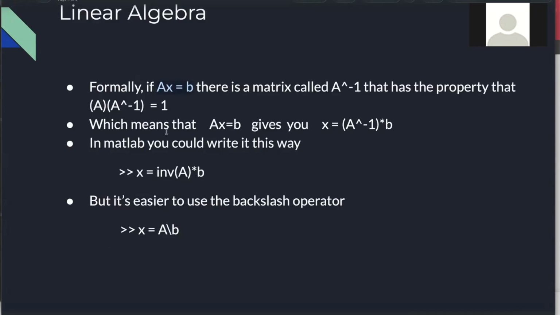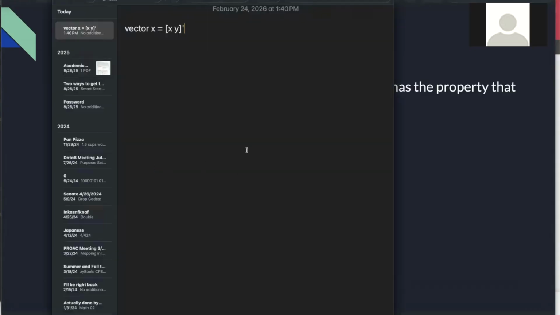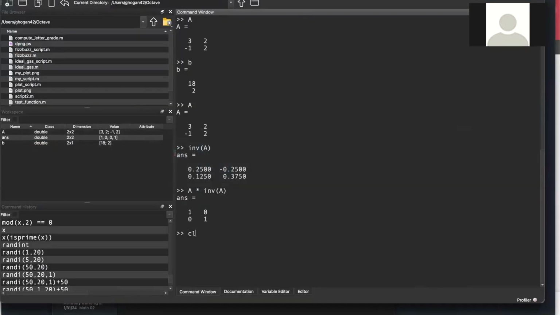And the result will be this. X equals inverse A times B. And so this right here is one way that you could actually solve the entire system of equations in MATLAB. So just to illustrate that, let's go back here. So we typed in A, it was this.